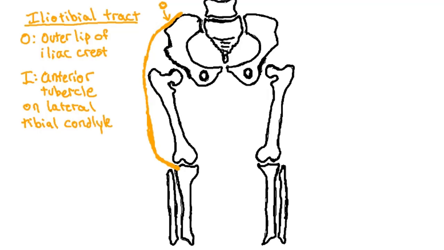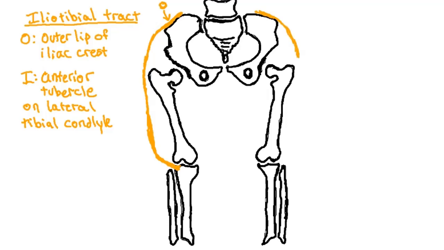And remember where the condyles are. The condyles are the smooth surfaces where the bones attach. So this would be where the femur attaches to the tibia. So this would be on the same place on the other side. It would attach up here. It would go around and down.